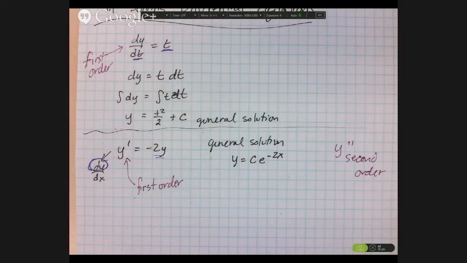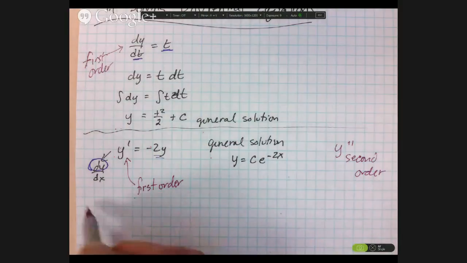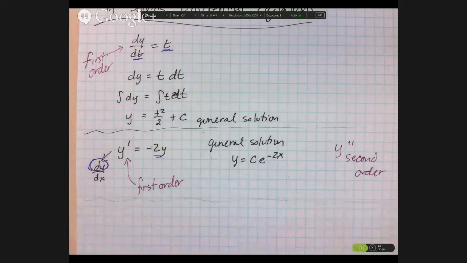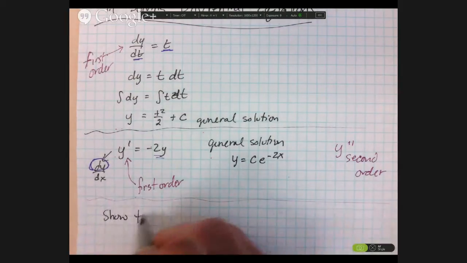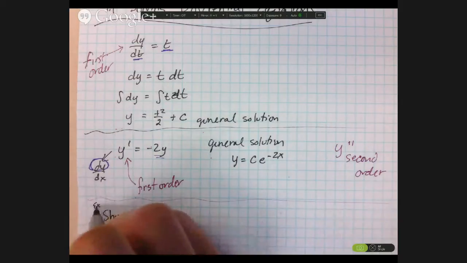There's one other word that we're going to have to learn, separable. I'm just going to show you that through the example that I'm going to put down here. This is the only one we're going to do today.